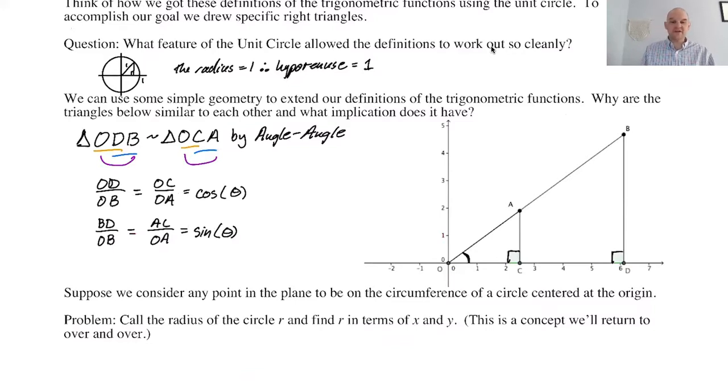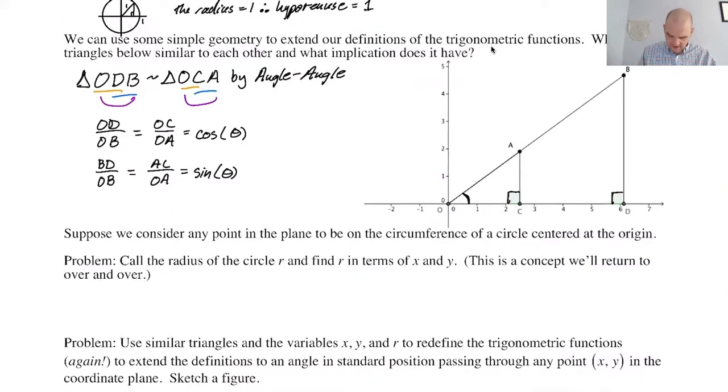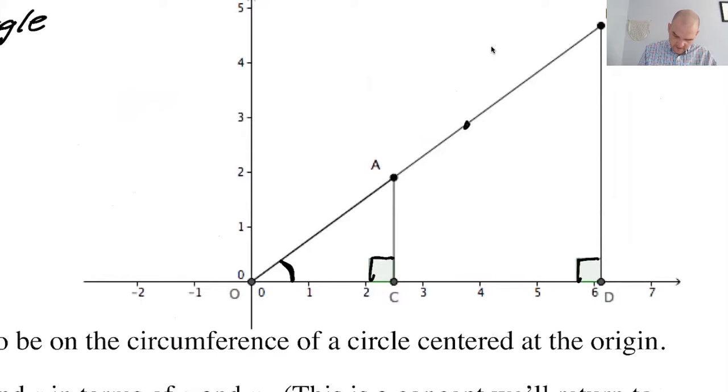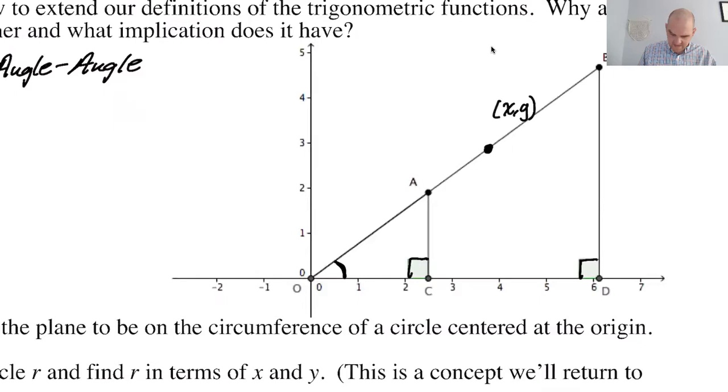Similar triangles, that's why they're ratios in simplest form usually. So what we could do is say that we have some generic point, and we'll just say that it's the point (x, y). We'll treat that as if it's on a circle of radius r, and we don't really know what r is, but we kind of do.